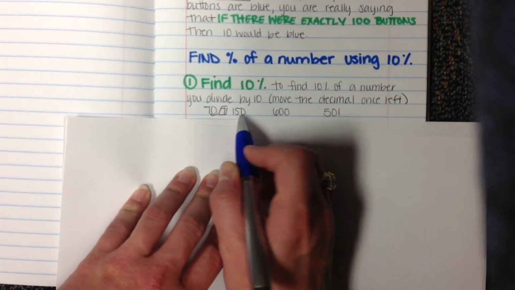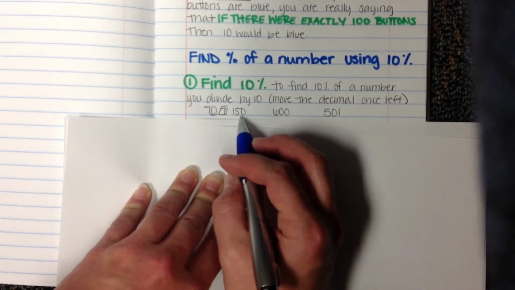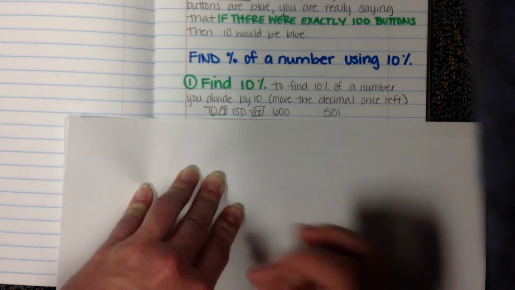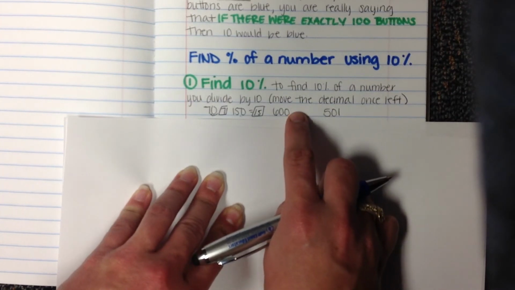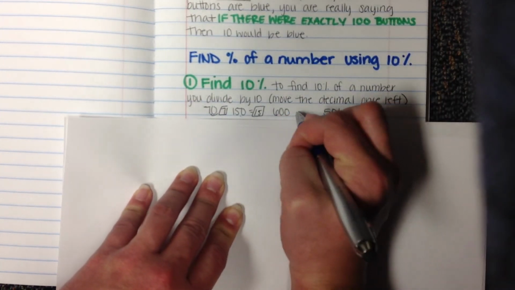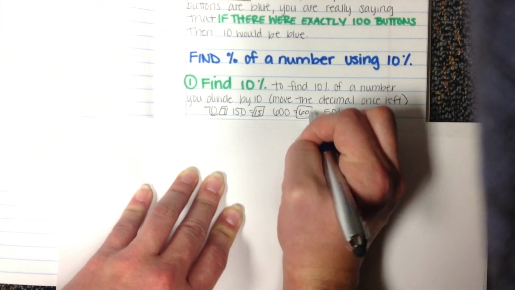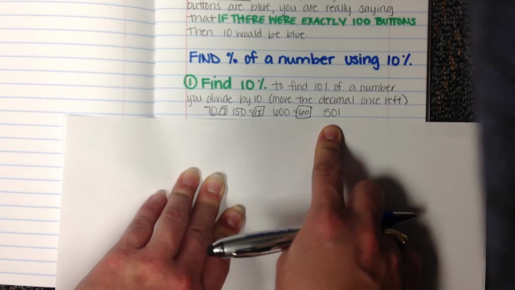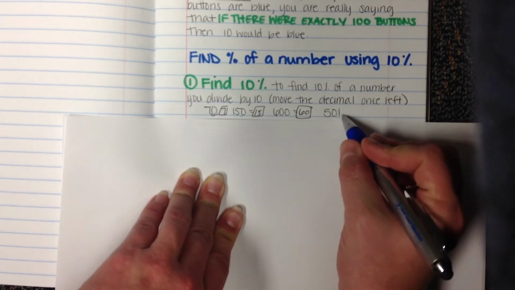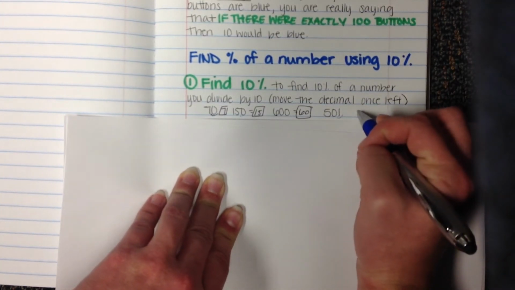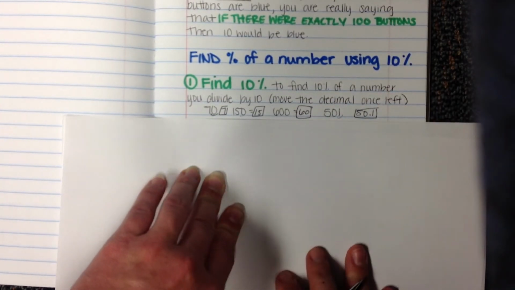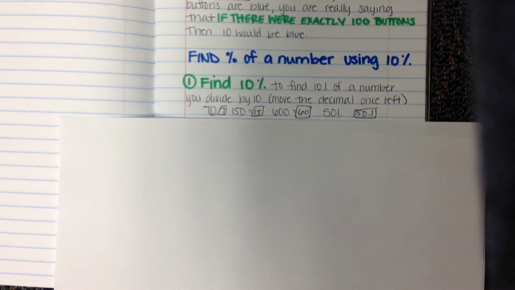I divide by 10. 10% of 150 is 15. 600, move the decimal one time. 10% of 600 is 60. 501, 10% of 501. I have to divide by 10 or move the decimal once left. 10% of 501 is 50.1. All you're doing every time to find 10% is moving the decimal once to the left.